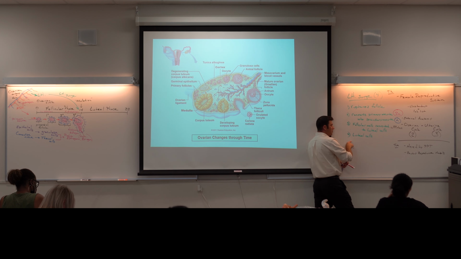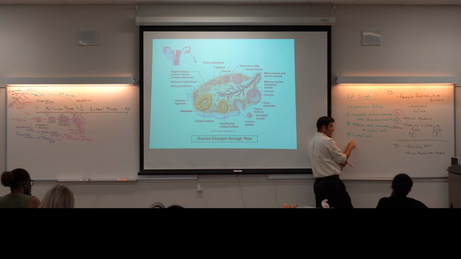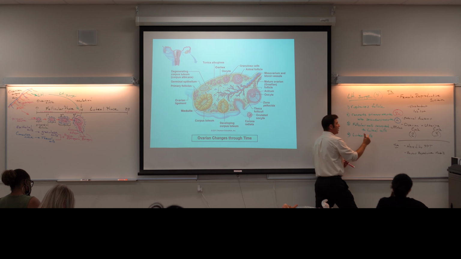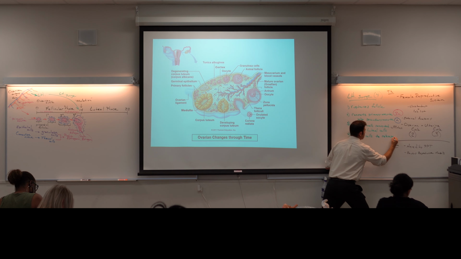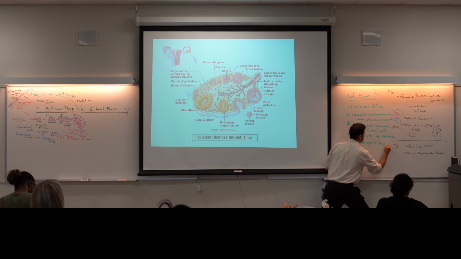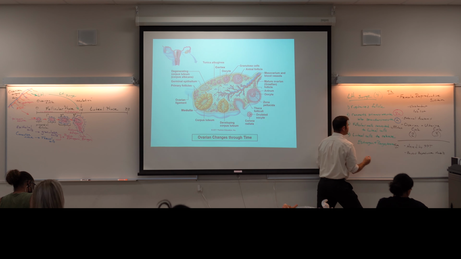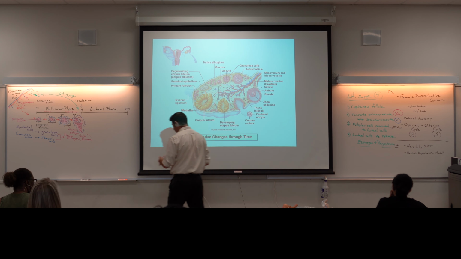I should have made this a complete sentence, and the fourth point would have been that the surge in luteinizing hormone stimulates these luteal cells to release progesterone and estrogen. So estrogen and progesterone are going to come from this luteal body. Let's try and draw that.